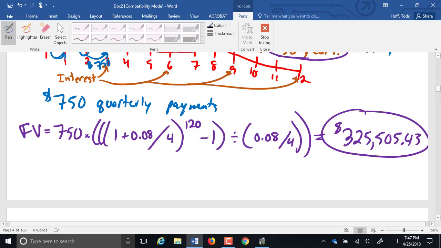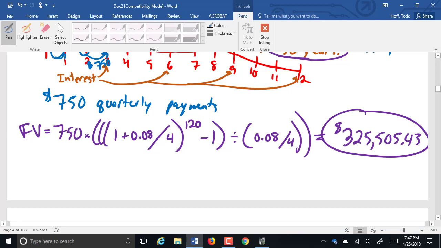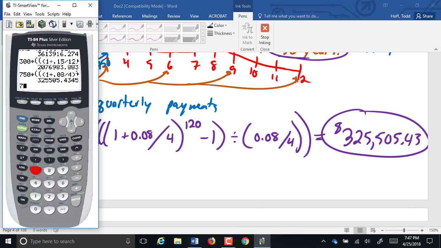Here, I'll come take a look. You're getting 360? Maybe I did it wrong. Wait, let me try it. I may have done it wrong. Let me give it a shot here. 750 times 123, 1 plus 0.08 divided by 4, close, power, 120, minus 1, close, open, divide, open, 0.08, divide by 4, close, close.